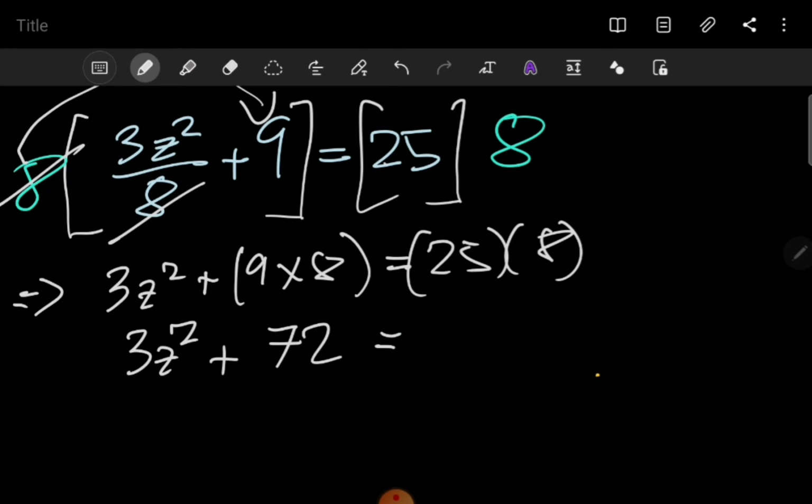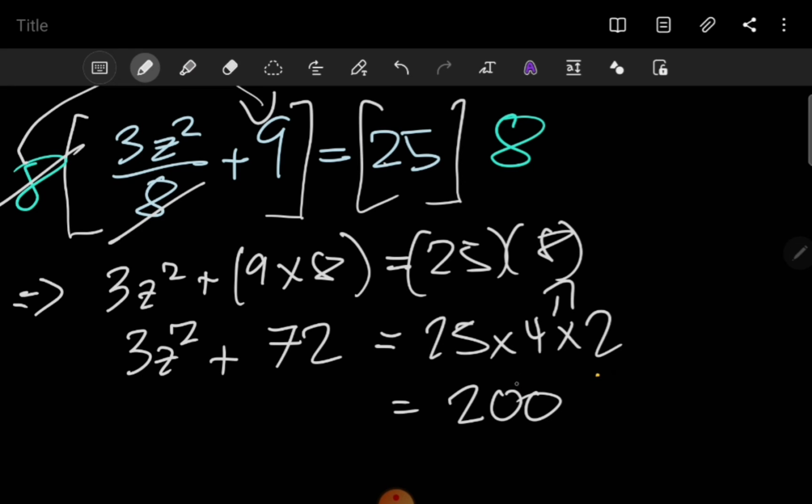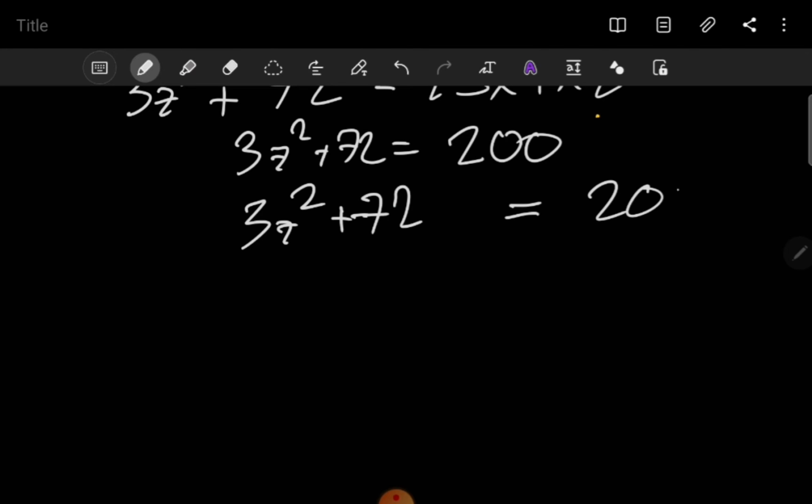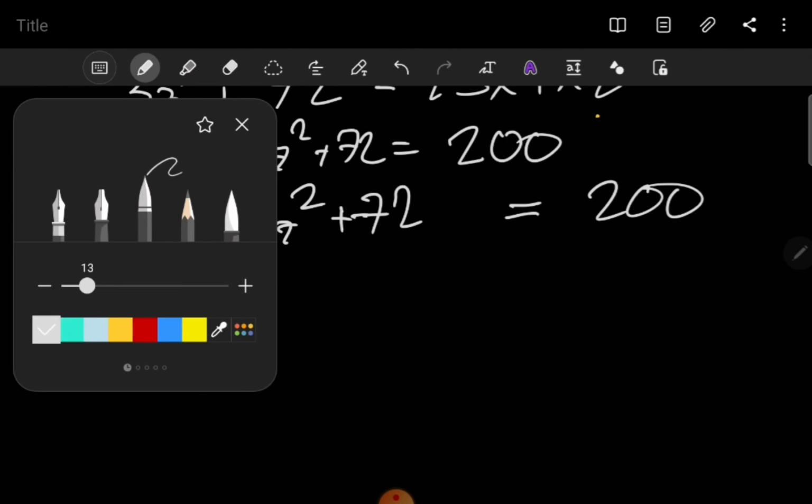Well, 25 times 8 is like 25 times 4 times 2, because 4 times 2 is equal to 8. So 25 times 4 is 100, and 100 times 2 is equal to 200. So 3z squared plus 72 equals 200. Subtract both sides by 72.